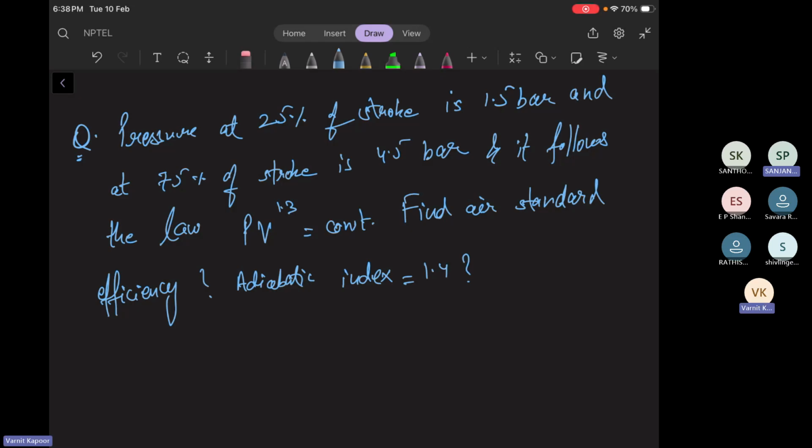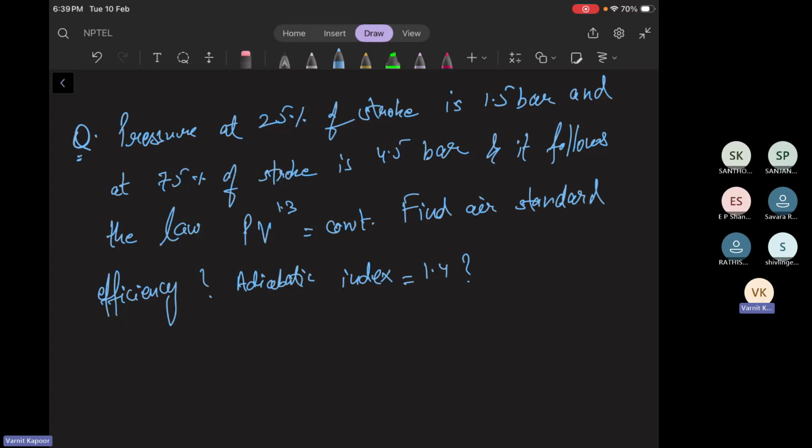I have got 57.88%. Maybe I missed some digit. What index value have you taken? In the air standard efficiency formula, what is the adiabatic or polytropic index, what value have you taken? For polytropic, I have taken 1.3, and for adiabatic, I have taken 1.4.